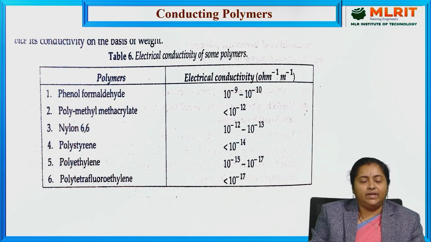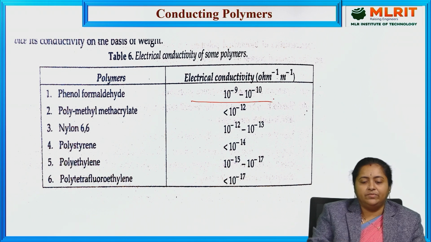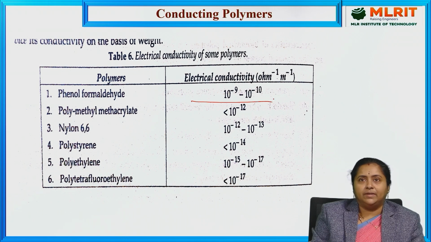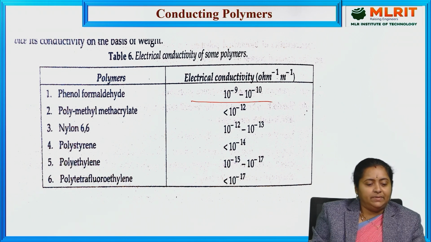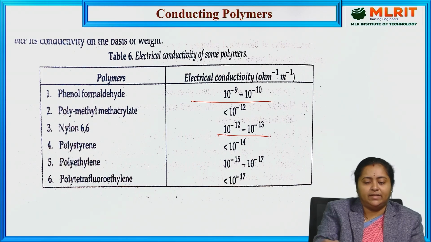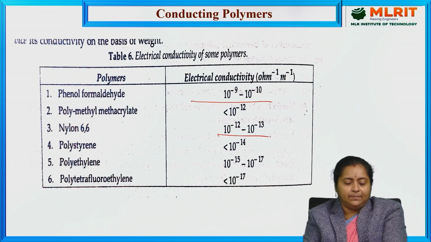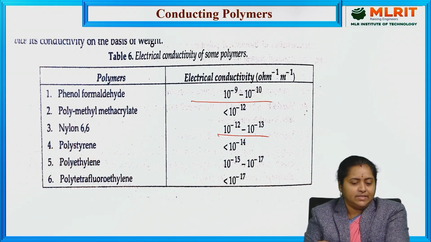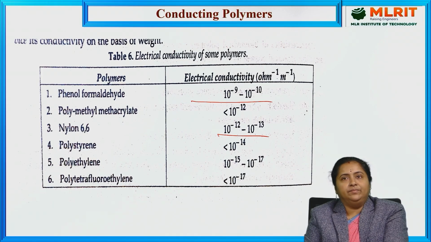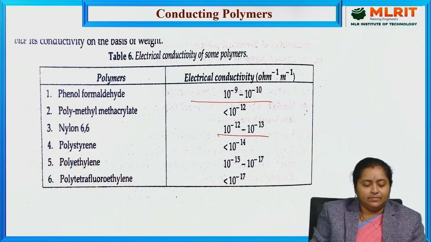Phenol formaldehyde has a conductivity in a range of 10 power minus 10 to 10 power minus 10. Polymethyl methacrylate has a conductivity less than 10 power minus 12 ohm inverse meter inverse. Nylon 66 exhibits a conductivity in a range of 10 power minus 12 to 10 power minus 13. Polystyrene has a conductivity of less than 10 power minus 14 ohm inverse meter inverse.